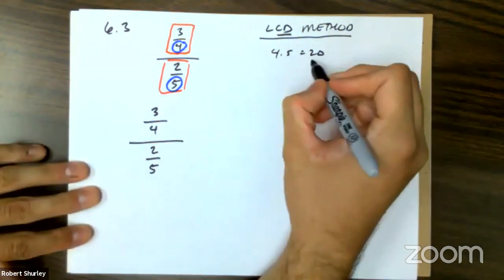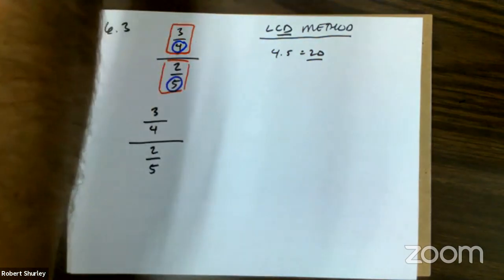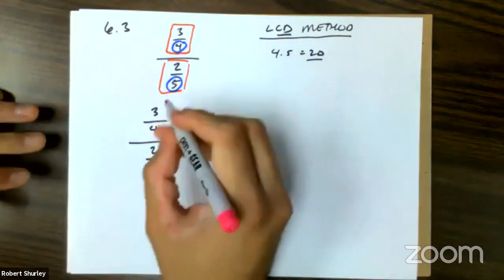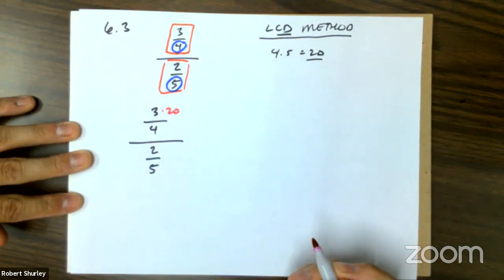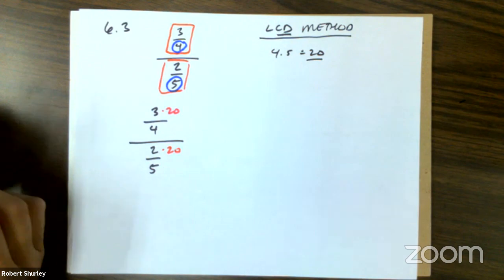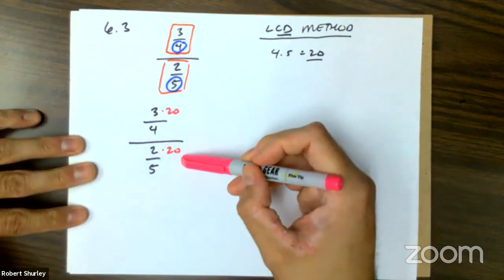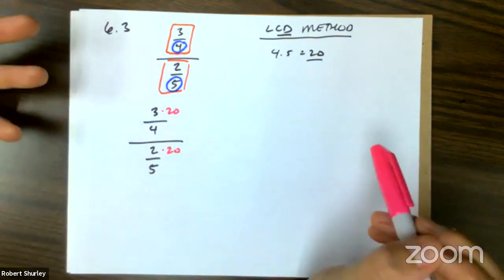What you have to do with that least common denominator is multiply it to every numerator. So here, we've got a 3 times 20 and a 2 times 20. What you're really doing is multiplying the same thing in the big numerator and the big denominator, so you're just multiplying by 1.